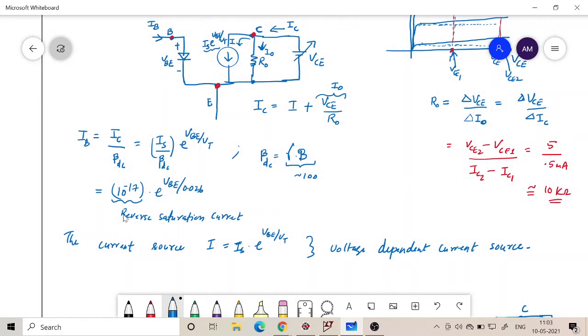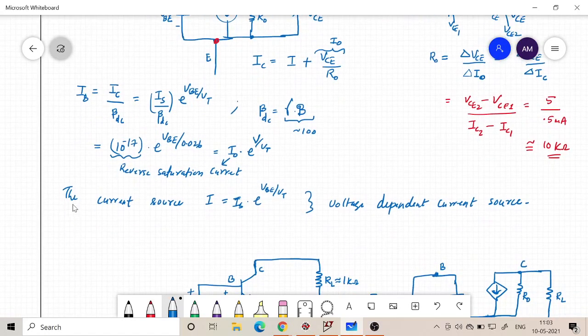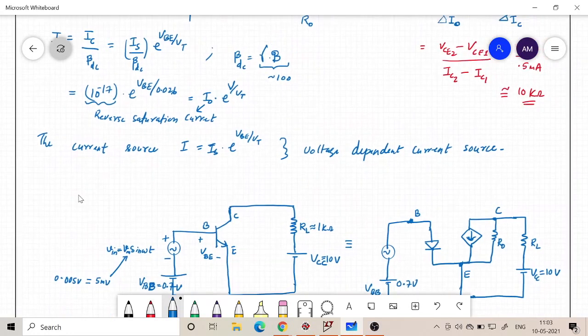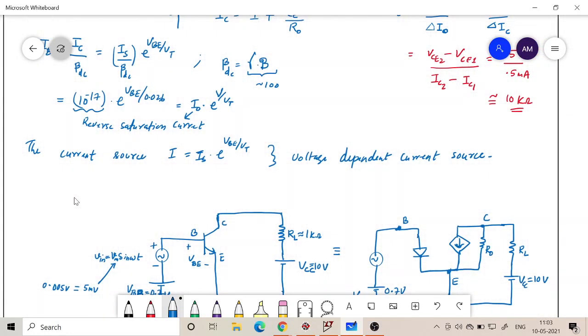When we studied the diode equation, we said the diode current is basically I0 into e raised to V by Vt. I0 is the reverse saturation current, and if you take the reverse saturation current as Is by beta DC, it can be modeled as a diode.